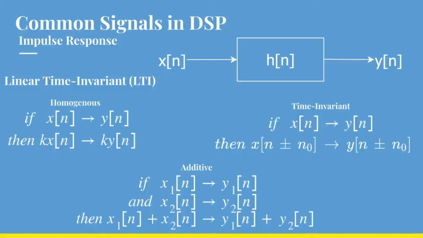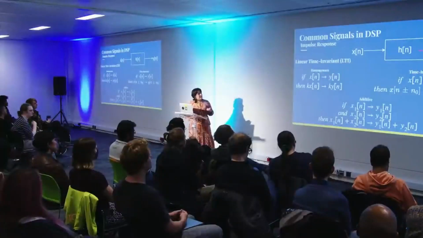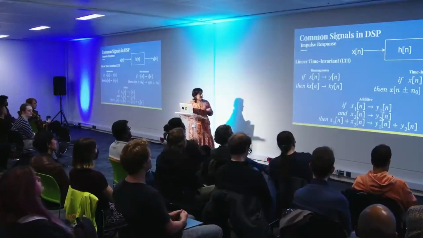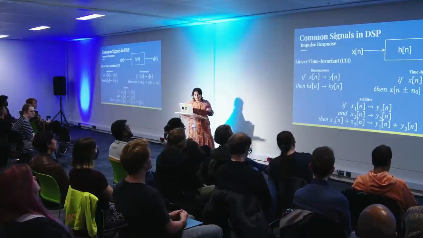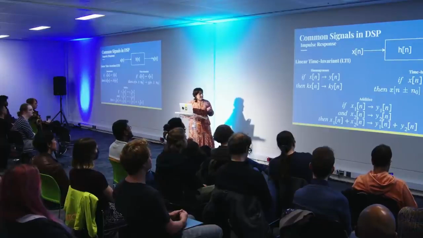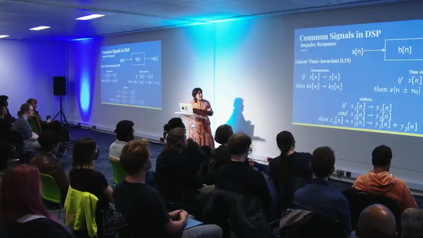Last time that I showed this system, I put a capital H on it, and I said that I would explain why in a later episode. This time we've got h of n, and that is because that is the notation for the impulse response of a system. And the impulse response is simply the output of a system when an impulse is used as the input.